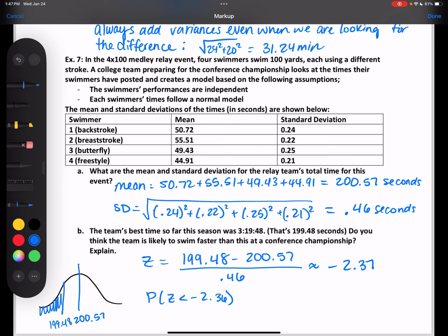So this one, this 0.0089. Are we tracking before I keep going? Okay, so that's going to be your probability of that. So 0.0089.